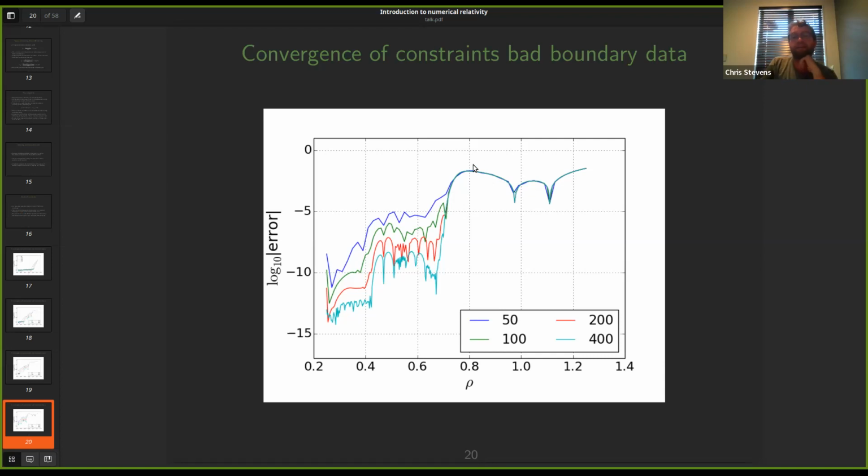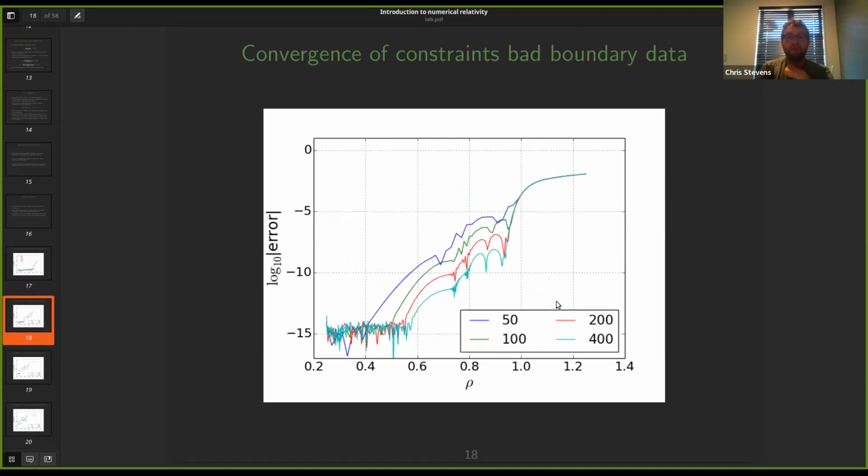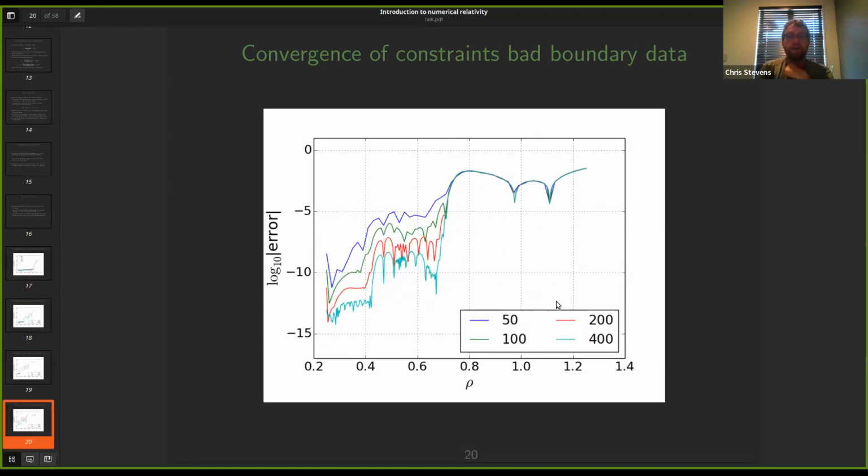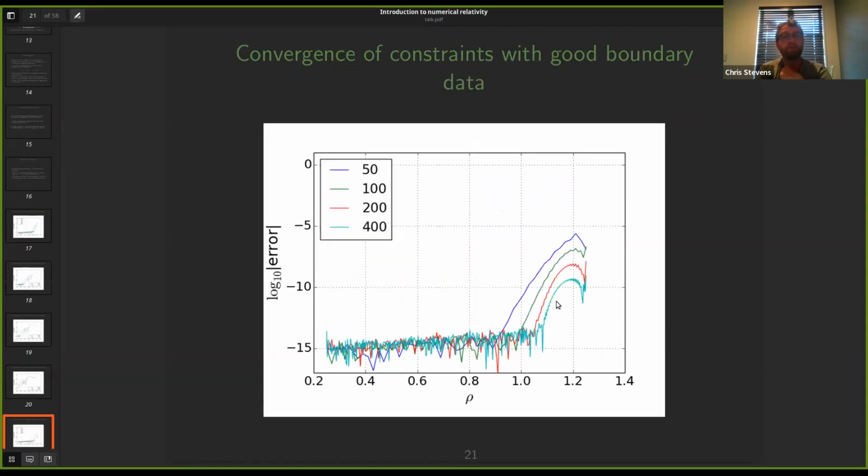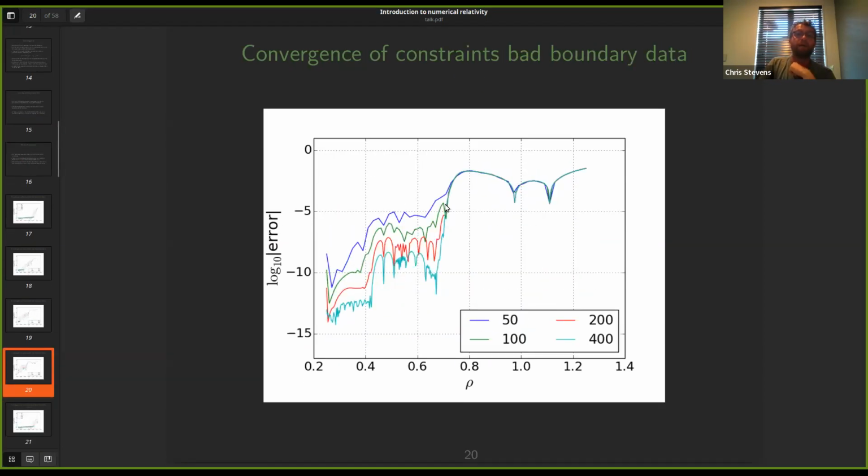What's interesting here, just to remark, is that the gravitational wave is traveling at the speed of light, so the wave is traveling faster than these errors. The errors are propagating in from the boundary, but they're propagating slower than the wave. And in fact, you can show this by looking at the constraint propagation system.